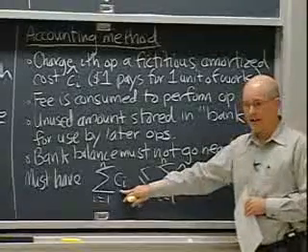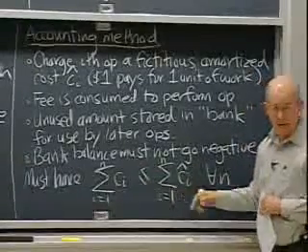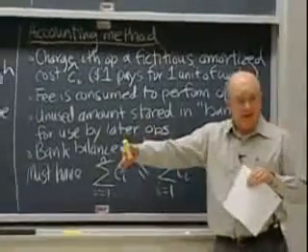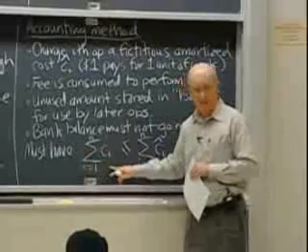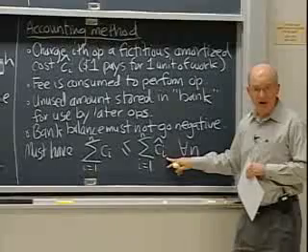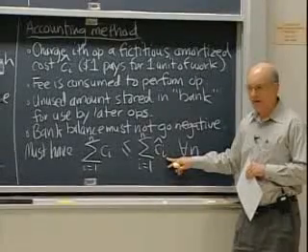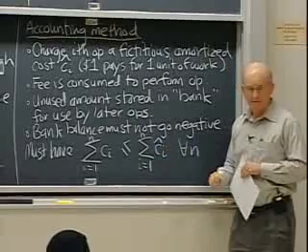This is what it actually costs me. So whatever I've actually had to pay to operate on that data structure better be covered by the amount that I've been charging people for the use of that data structure up to that point. And that's got to be true for all n.